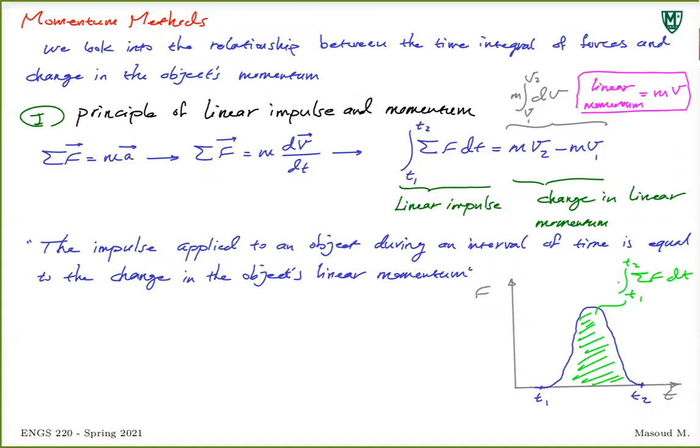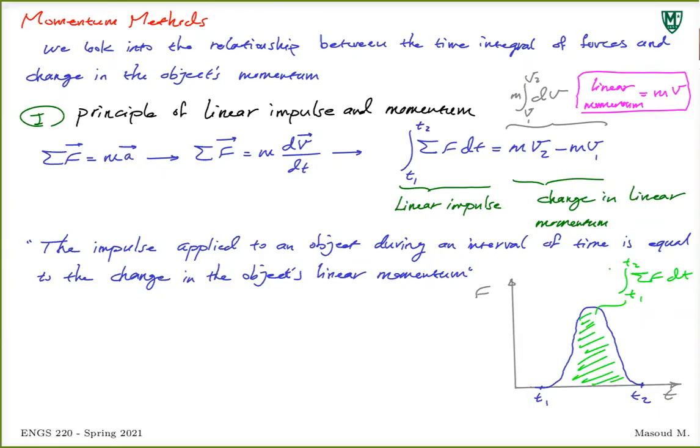Now you can think about this in so many cases, since it's happening in a very small time interval. Let's say we are applying a huge amount of force, for example in an accident. A car hits a wall. In a fraction of a second, a large amount of force is applied to the car. That's an example I can think of.